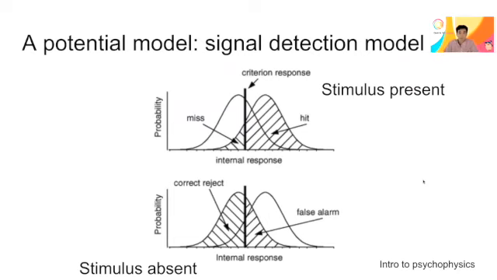The model to consider this 4-way response is the following. You consider 2 Gaussian distributions, and both of them are samples from many trials. Let's say when there is a stimulus, it generates some kind of internal response here, such as a brain response.